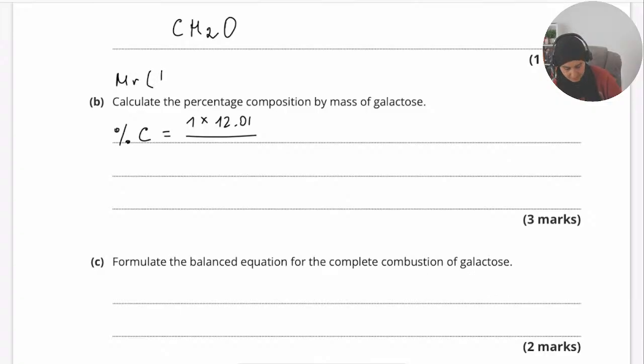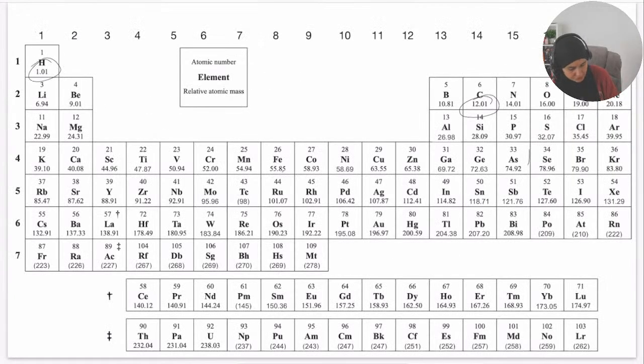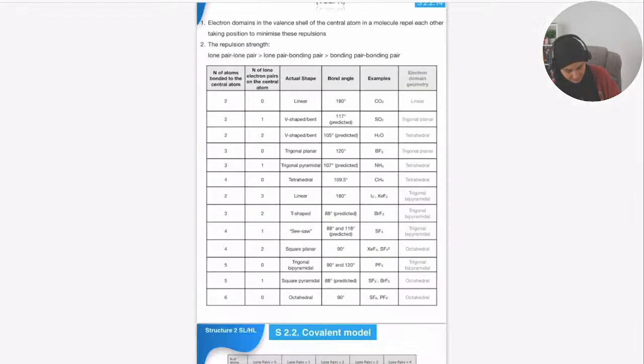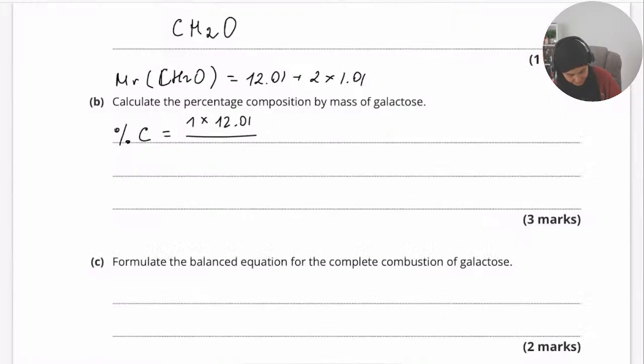So Mr is 1 carbon, 12.01, plus 2 hydrogens times 1.01, that's hydrogen. Oxygen is 16.00. That would be 30.03.